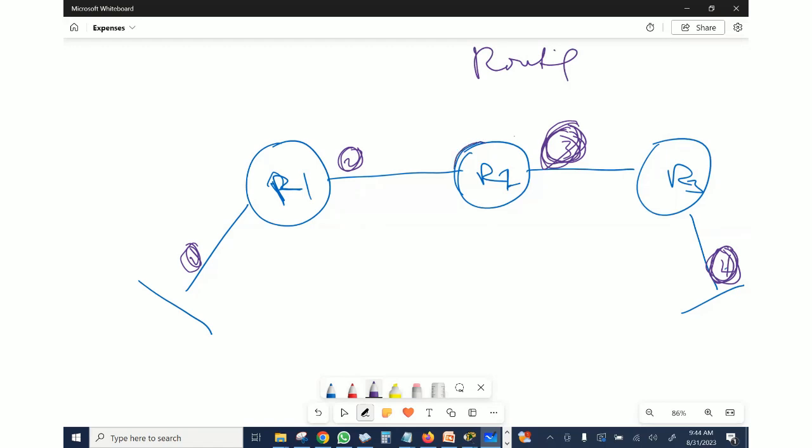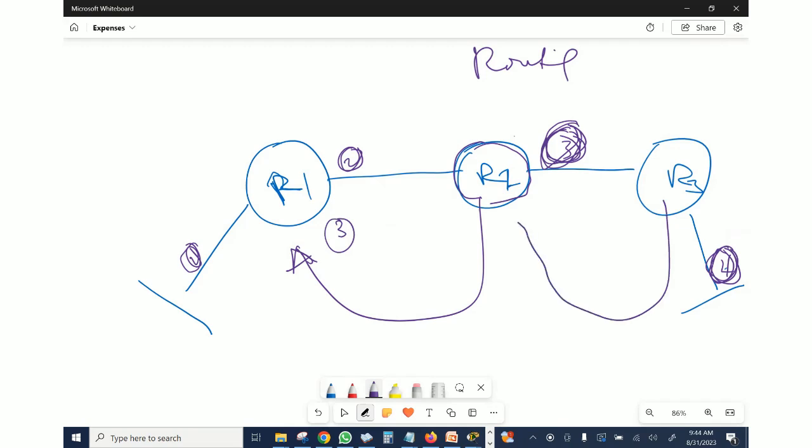So R2 needs to tell R1 that I have network 3 connected to me.